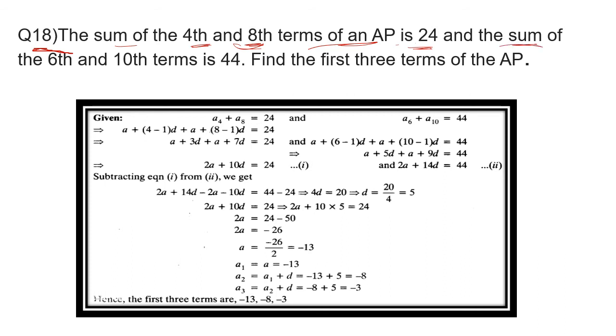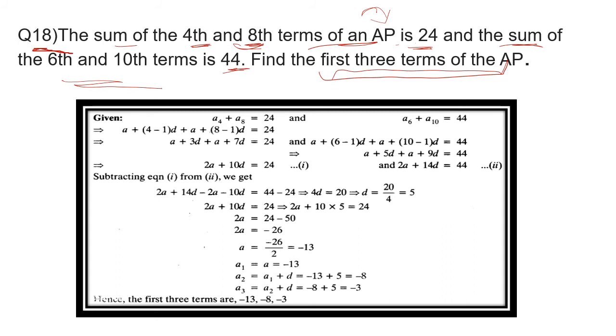And the sum of the 6th and the 10th term of the given AP is 44. So you have to find out the first 3 terms of the AP.